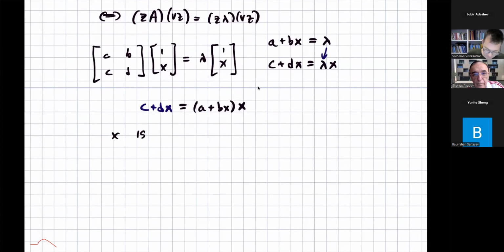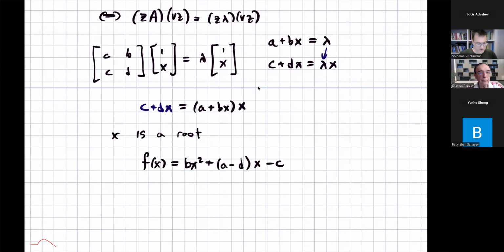So x has to be a root of the following polynomial, which is a left polynomial.